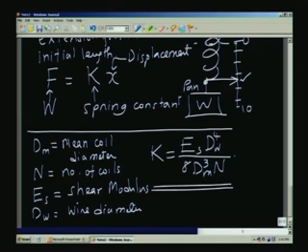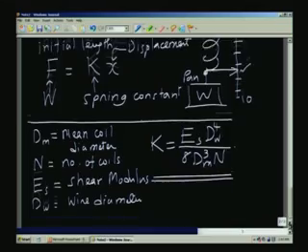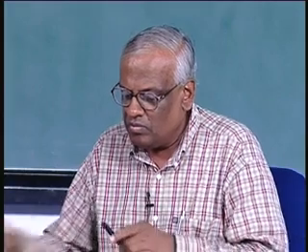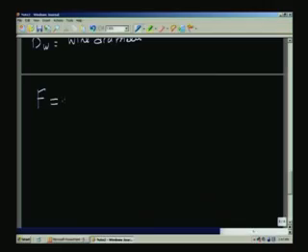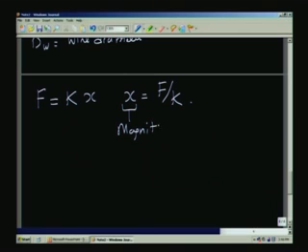So, let us look at the spring constant a little more. You can see from this equation F equal to Kx that x is nothing but F divided by K, and the magnitude of the displacement is inversely proportional to the spring constant.